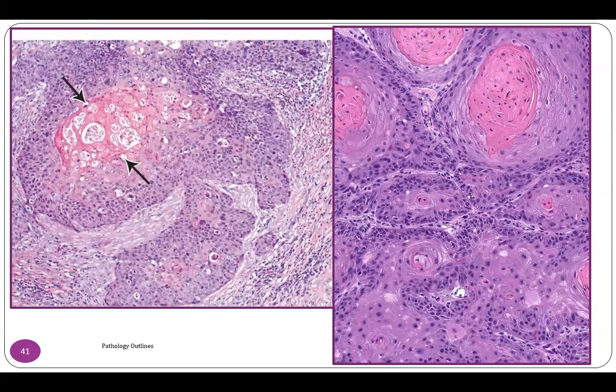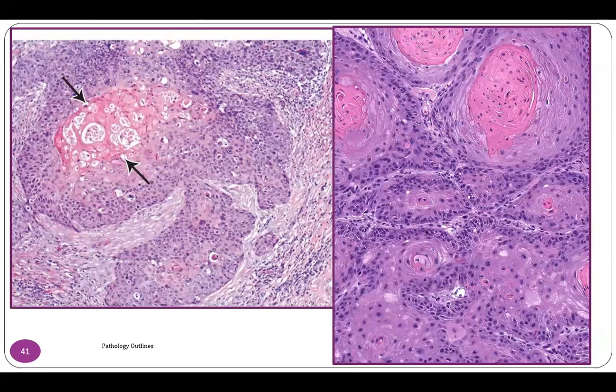How do we do the grading in adenocarcinoma? We look at the glandular differentiation. High glandular differentiation is grade 1, moderate glandular differentiation is grade 2, poor or failed glandular differentiation is grade 3.